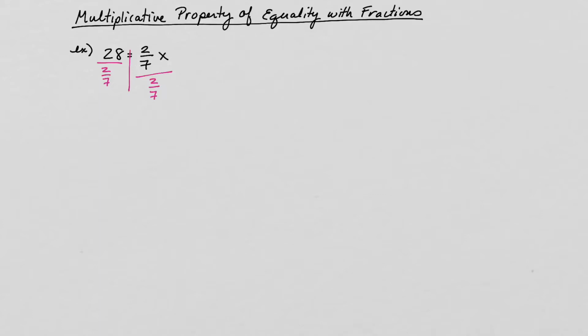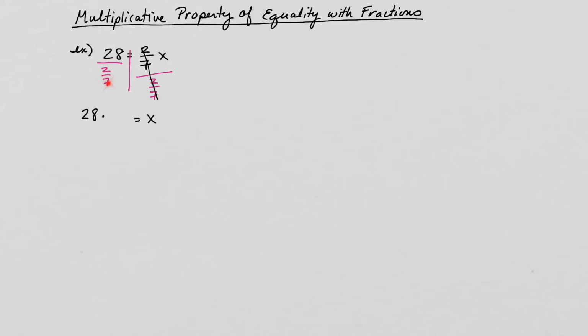So on the right-hand side, these would cancel and I'd be left with x. On the left-hand side, I have a little bit of a mess. Remember, when you're dividing fractions, you keep the top. So I'm going to keep the 28, change from division to multiplication, and then flip the bottom fraction.